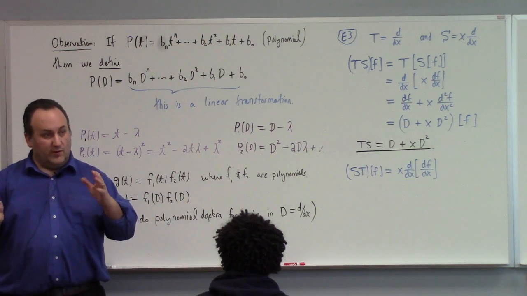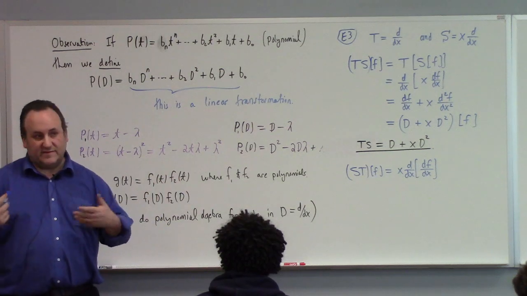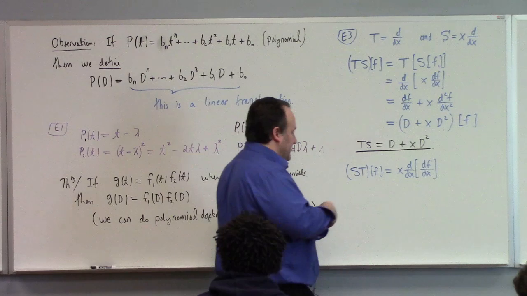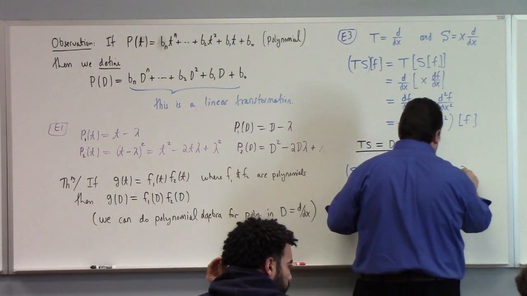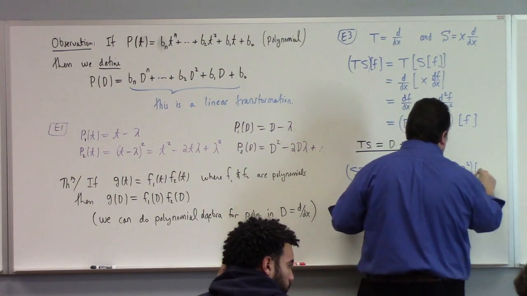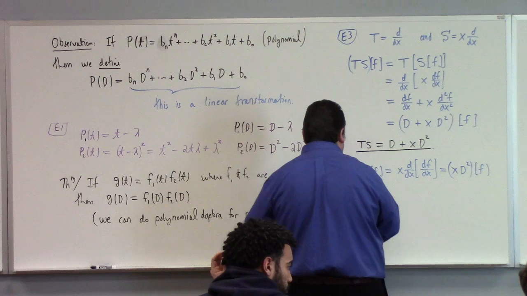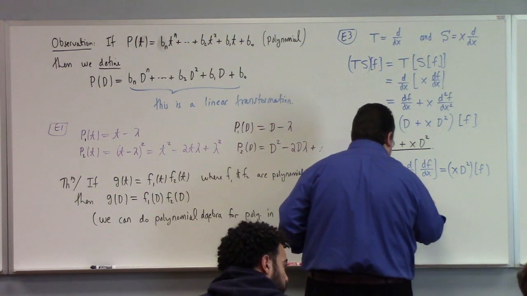Composition, the order matters. There's an inside and an outside for composition. F composed with G is not the same as G composed with F. So composition of operators, the order matters. And of course what you have here is x times d squared acting on f. So apparently ST as an operator equation is simply equal to x d squared.